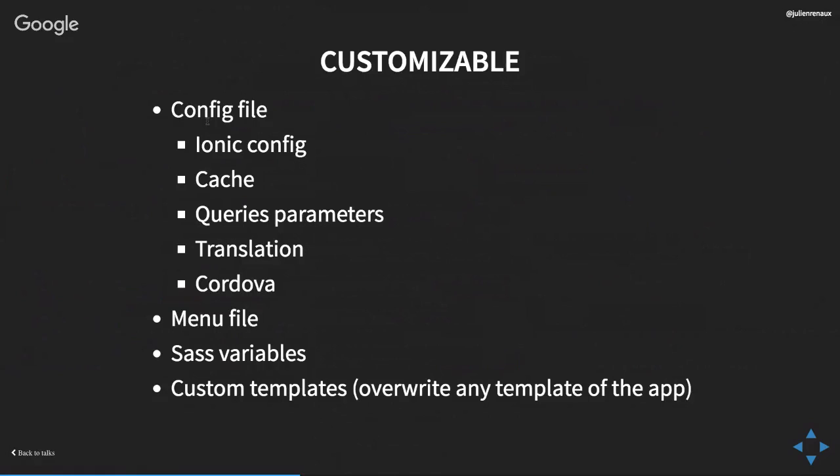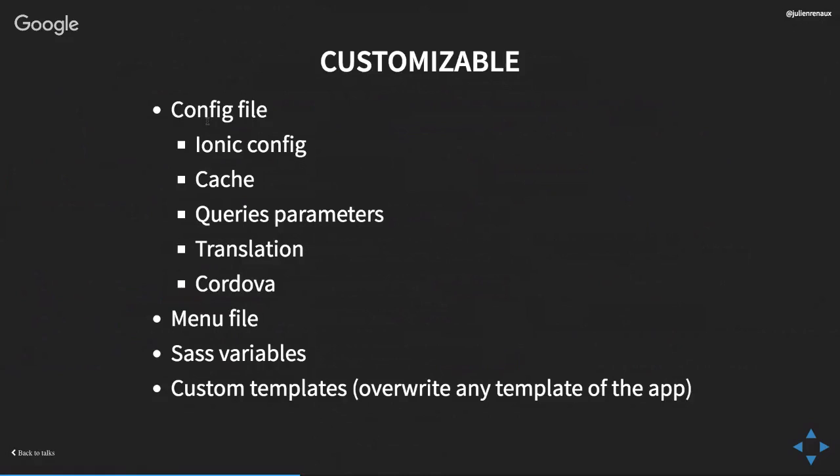We also have access to a menu file, which is also a JSON file, which is the side menu of the application. I'm going to show you that later. We have access to a Sass file where you can overwrite any Ionic variable and also any of the project variables.